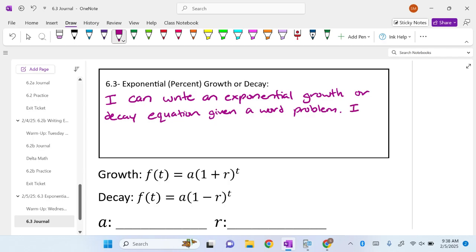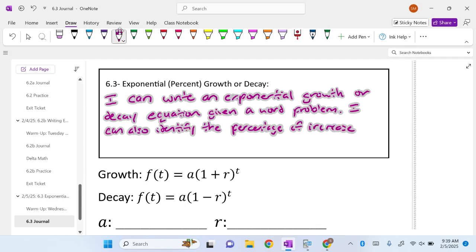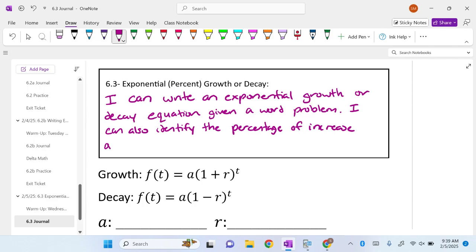I can also identify the percentage of increase and decrease based on the equation.